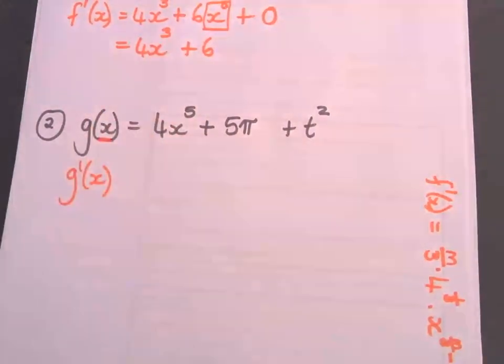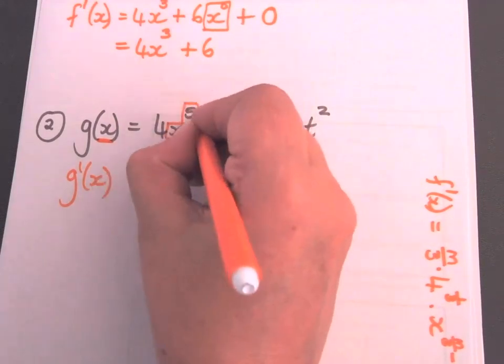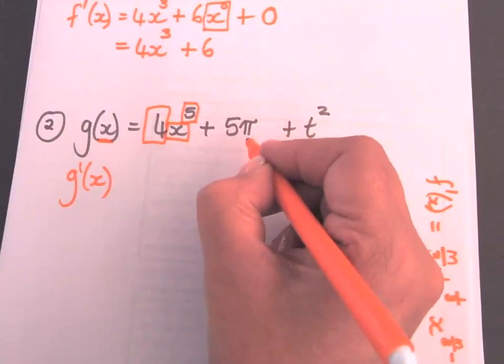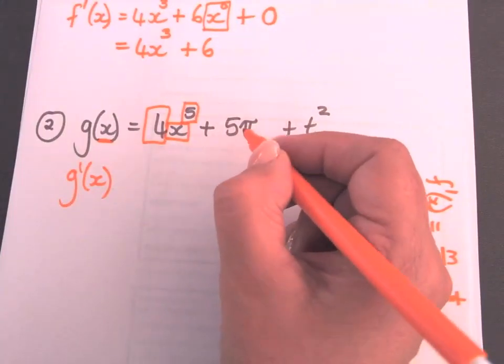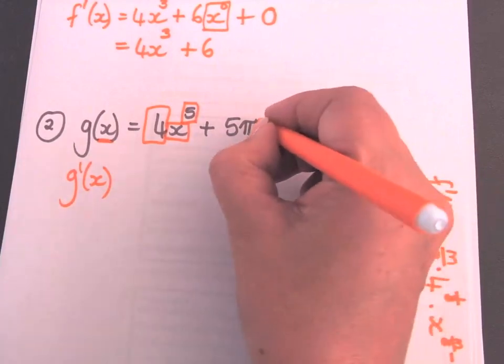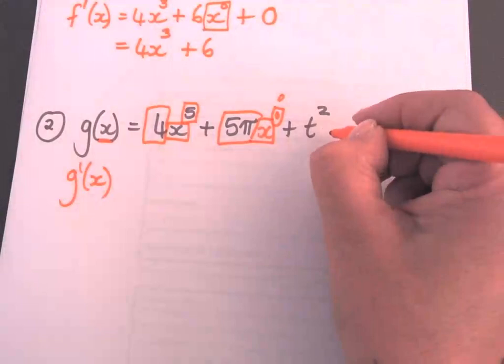So I must make sure that all the x's have 3 boxes. There's a box, there's a box, there's a box. This one doesn't have an x, so you need to put an x in. x, box, coefficient. 0, that's a 0.